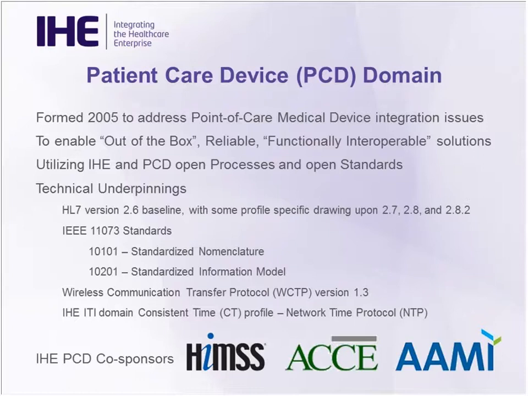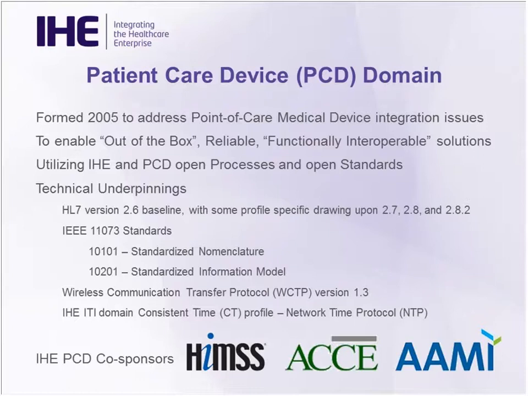If you understand the IHE process, we take standards, take the gray areas and try and get them more black and white and fill in any holes through either specific content or extensions of the standards by going back to standards committees. The dominant standard that PCD uses is HL7 version 2.6.